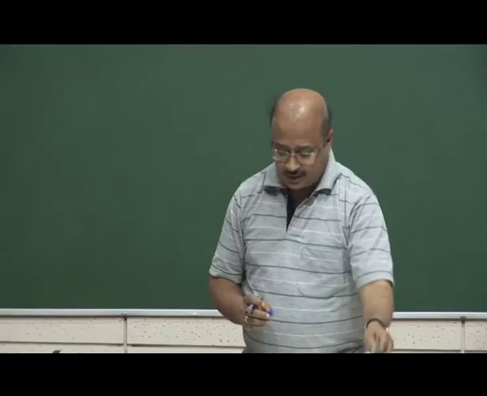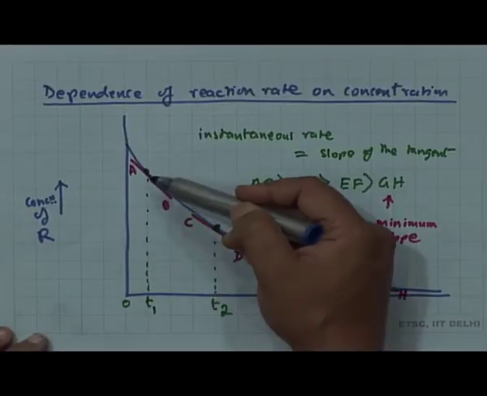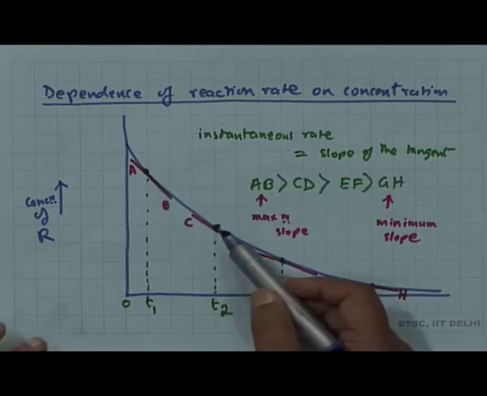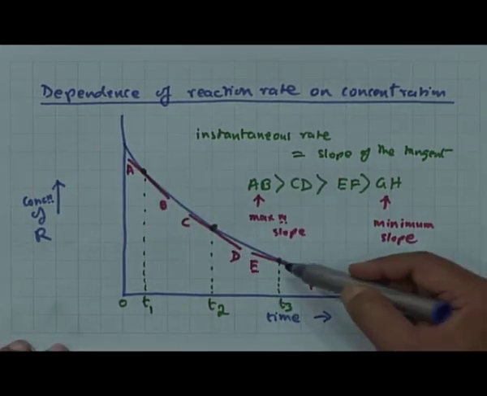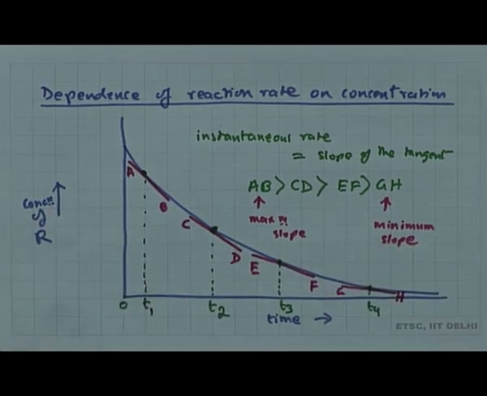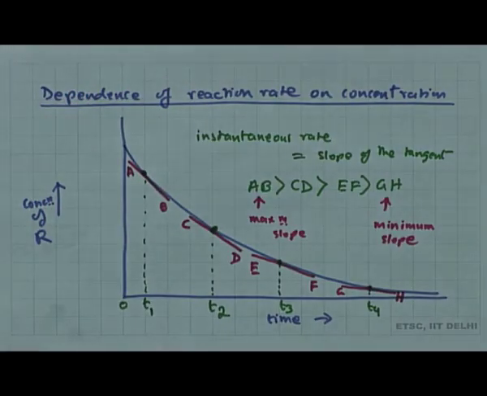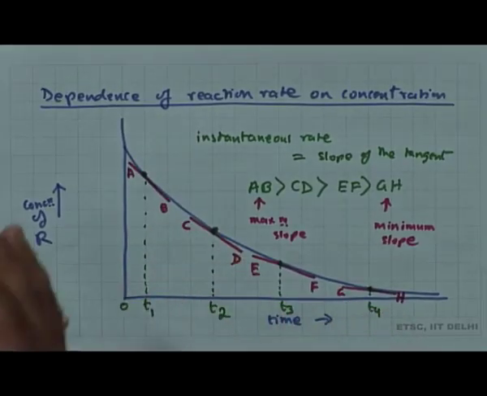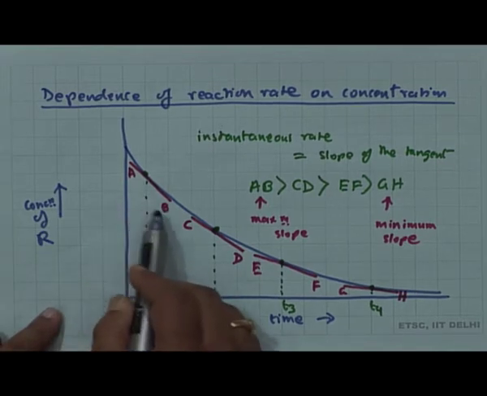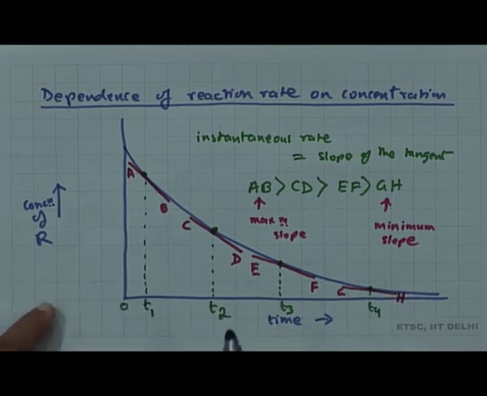Why do we say that? Again, let us go back to this figure. At time t1 I have a certain concentration of the reactant R, at time t2 I have a certain concentration of the reactant R, at time t3 I have a certain concentration of the reactant R, and so on. And as I increase my time, the concentration of the reactant is decreasing. Not only that, based on the slopes of the tangents that we have drawn here, you can see that along with the decrease of the reactant concentration, the slope of the tangent is also decreasing.